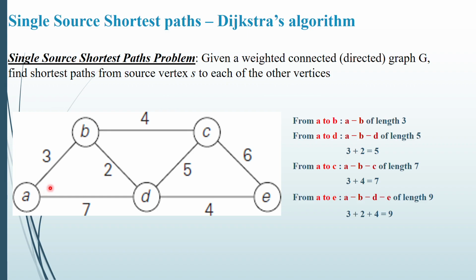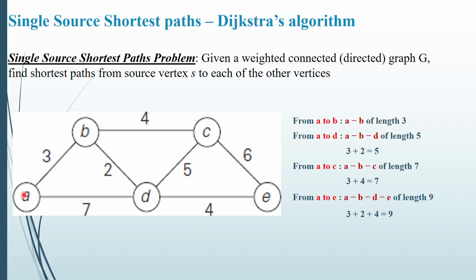For example, if I select A to B, B to D and D to E, this path is the shortest, with 3 plus 2 plus 4, which is 9. That is actually what single source shortest path means.